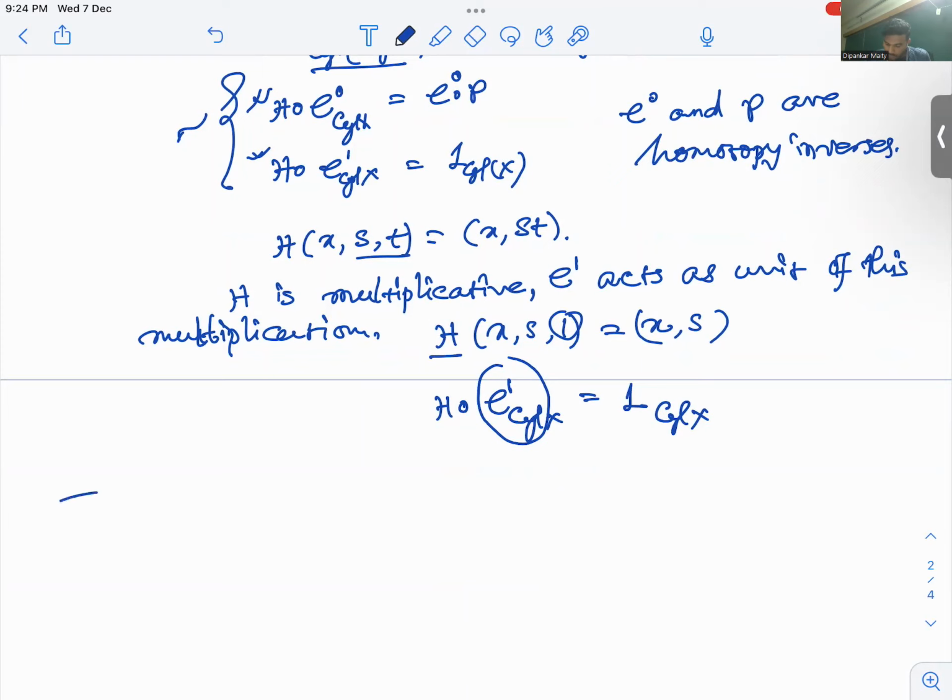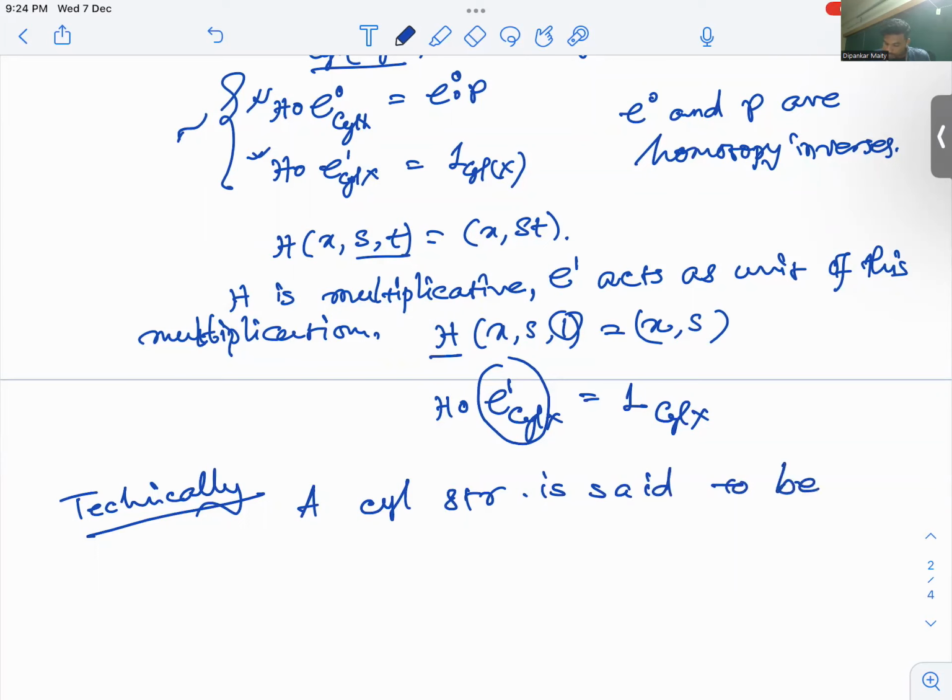So technically speaking, a cylinder structure is said to be compatible if there is a natural transformation.